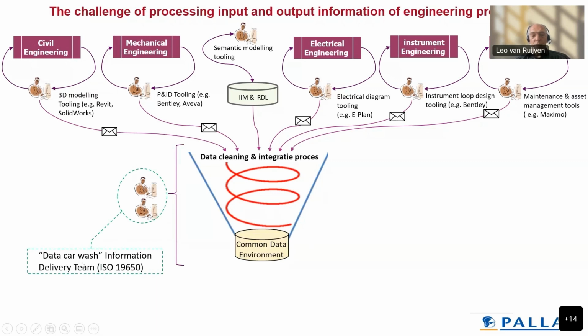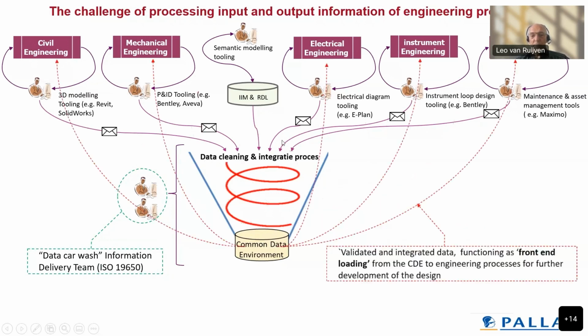For that, we really need knowledge. You cannot ask that from engineering; they don't have the skills to do that. So we have a separate team, an information delivery team, according to ISO 19650, which handles this process to clean, harmonize, and classify the data.